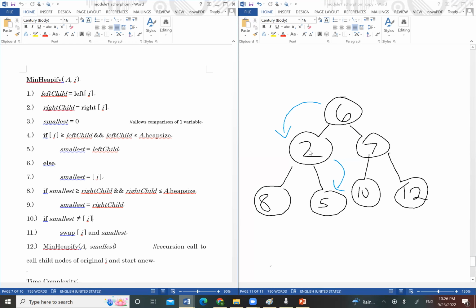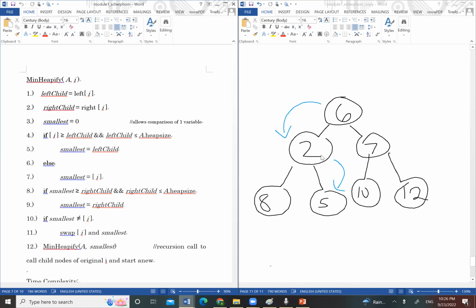So now the 6, which is in place of 2, will be put back in once the recursion call is called, and will become this new I. So I is still 6 in this case, but now because it's here where the 2 was, it will compare with left child 8 and right child 5.